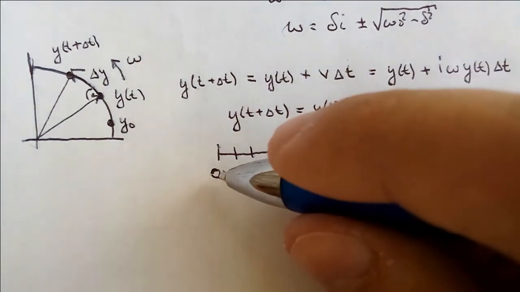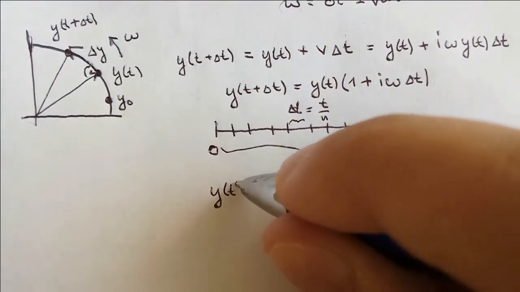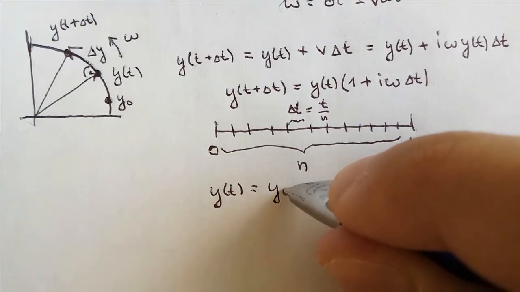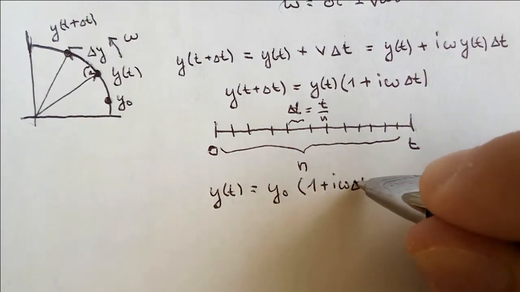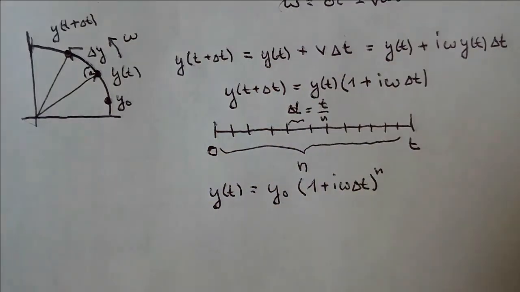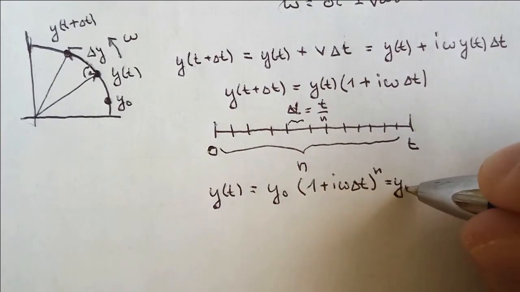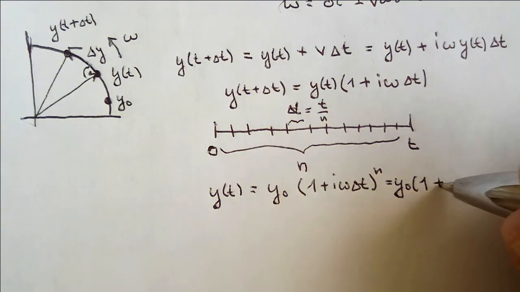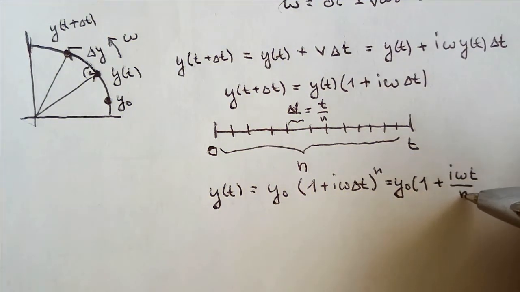So y(t) should be written as y0 times 1 plus i omega delta t to the nth power, because it's multiplied n times. That is y0 times 1 plus i omega t divided by n, to the power n.